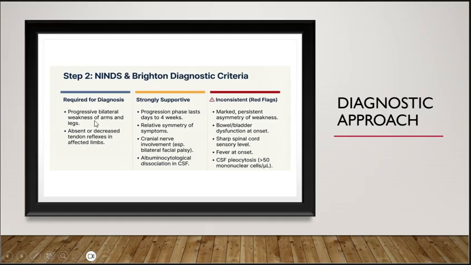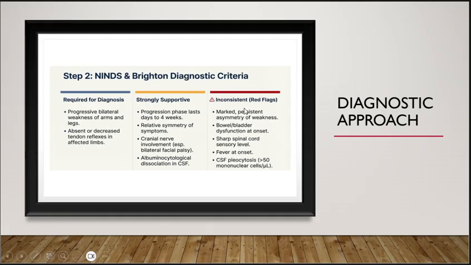clinical features such as bilateral weakness of the arms and legs and absence of deep tendon reflexes, and the supportive factors are that the weakness should last from a few days to 4 weeks, and relative symmetry should be the prime criterion, along with involvement of cranial nerves and CSF showing albuminocytological dissociation.